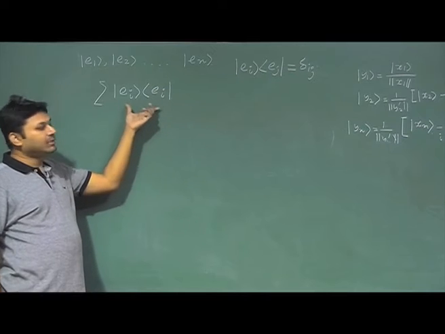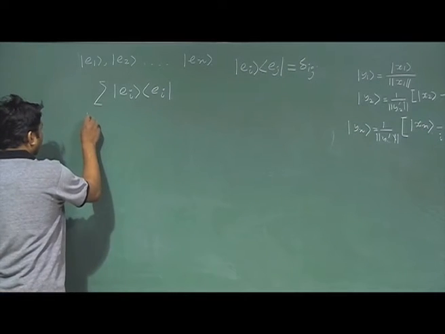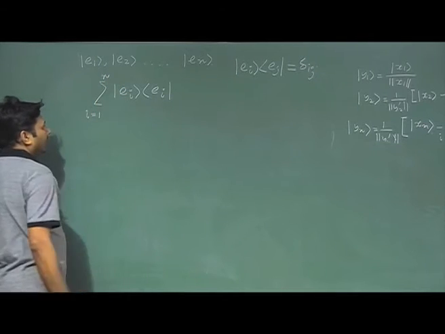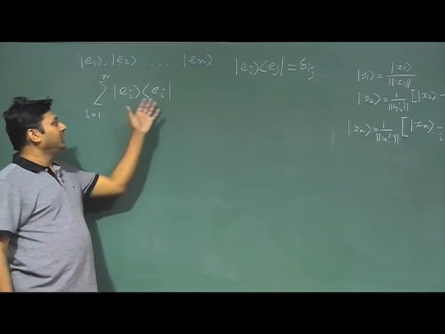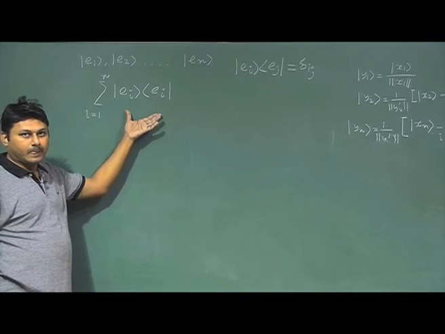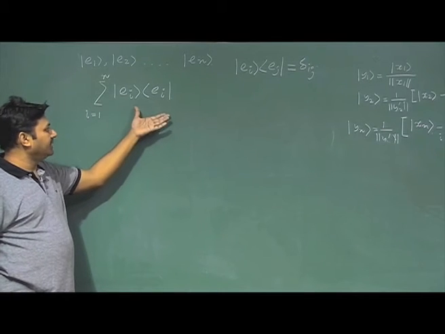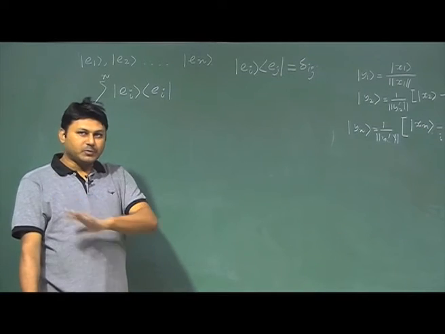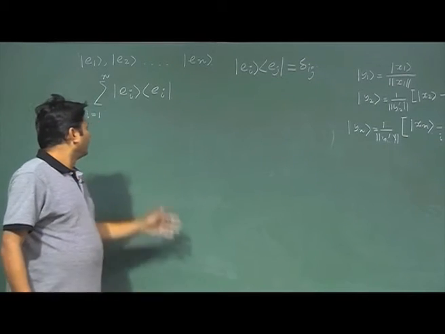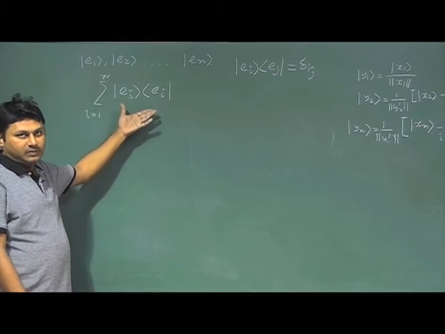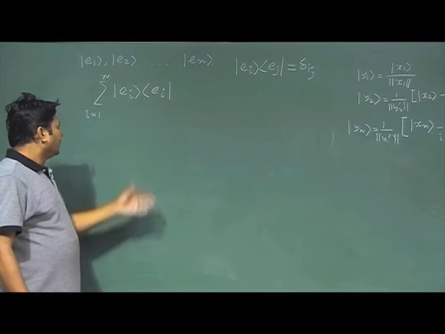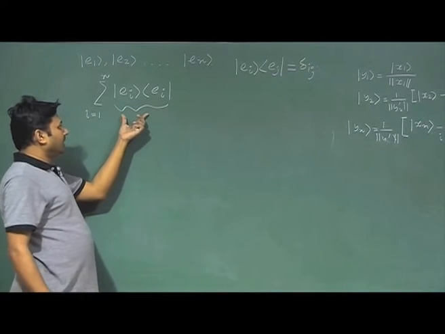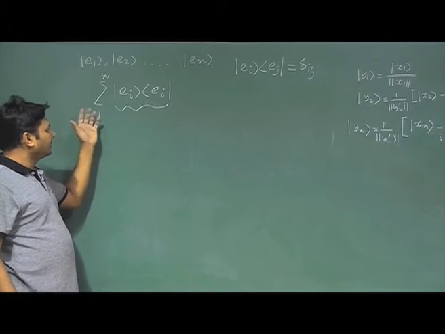So, i is some direction, and now I try to find out this quantity, from 1 to n, the sum of all these quantities. The meaning of this is that I try to project along all possible directions of a vector. So, what will be the value of this? This will be an interesting thing. This is a projection operator along the ith direction. Now, I try to find out the summation of all the projections.